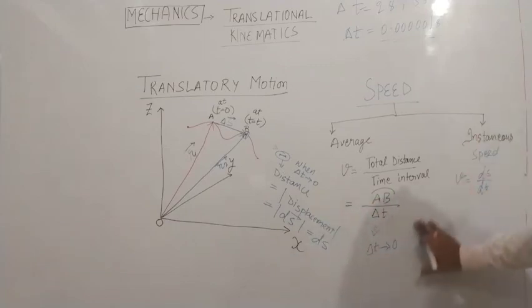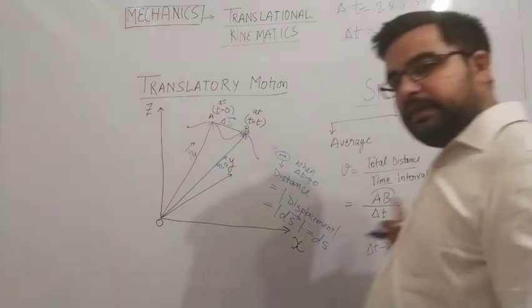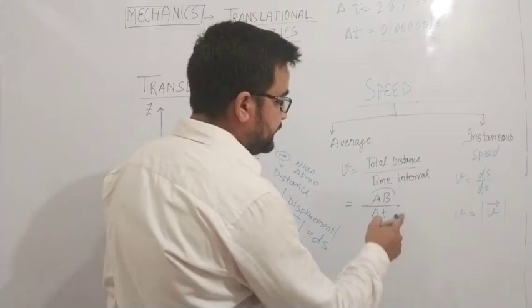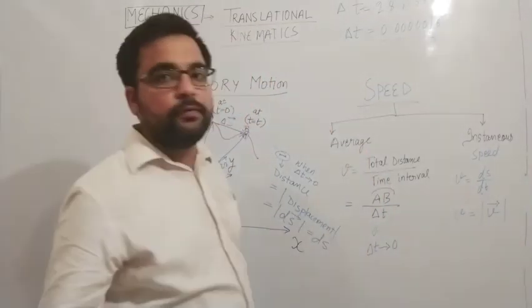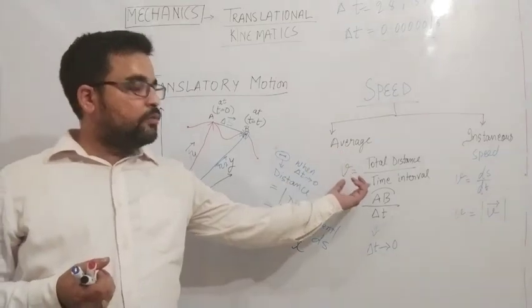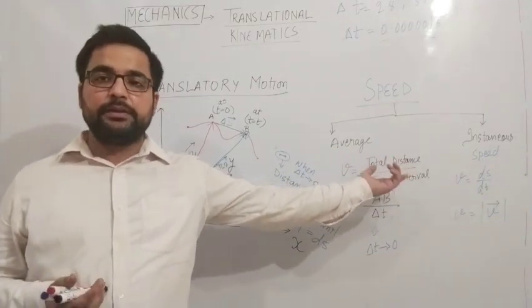So when we talk about instantaneous values, we can say that speed, v instantaneous, is equal to the magnitude of instantaneous velocity. Instantaneous speed is equal to the magnitude of instantaneous velocity, but the same is not true in the case of average values. You cannot say average speed is equal to the magnitude of average velocity.